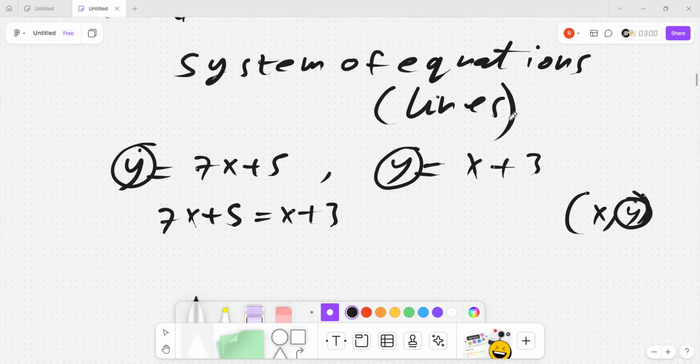Then you solve for x, and then substitute here or here the value of x to find the value of y. So now we have the point of intersection. You can do it on the calculator, shift solve. Don't do it manually, it doesn't matter. So this is the substitution method.